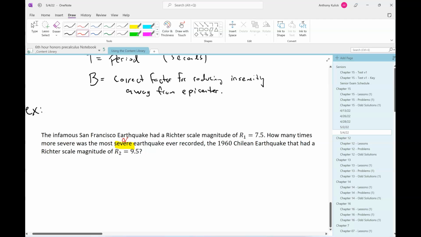And we're given 2 Richter scale measurements. What do you suppose we're going to have to be doing? Well, hopefully it should come as not too much of a surprise that this is going to turn into solving a system.